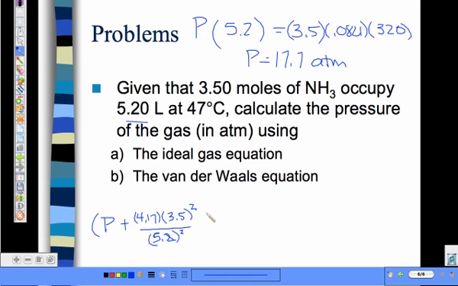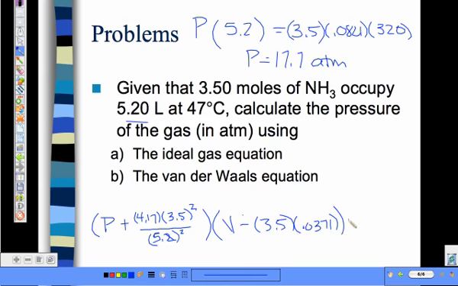And now we have V minus nb. n is 3.5. And b, that constant, what's the constant for b? 0.0371.